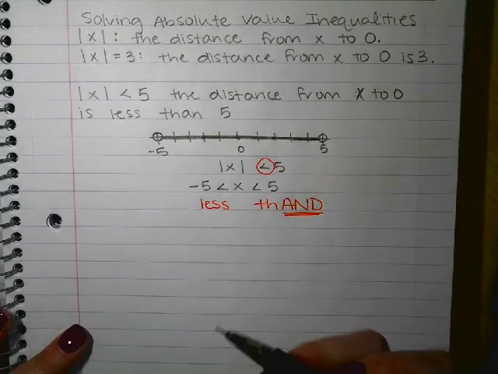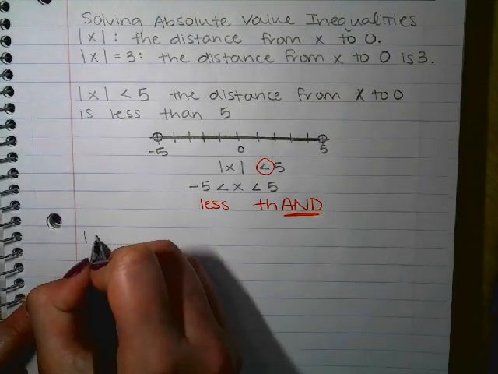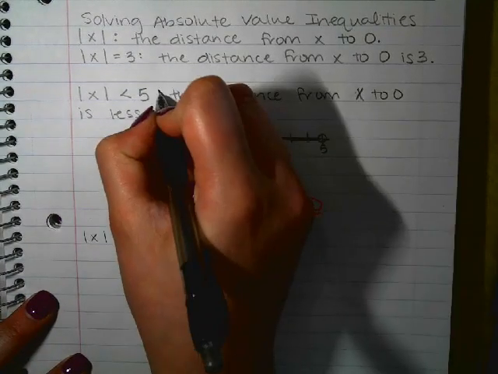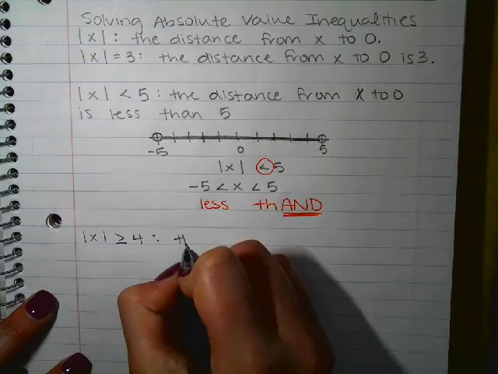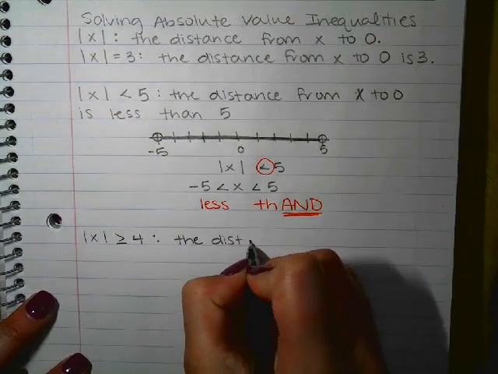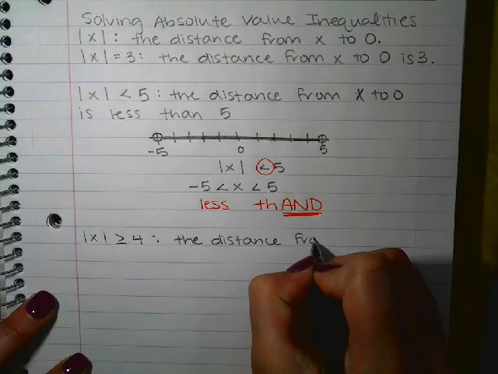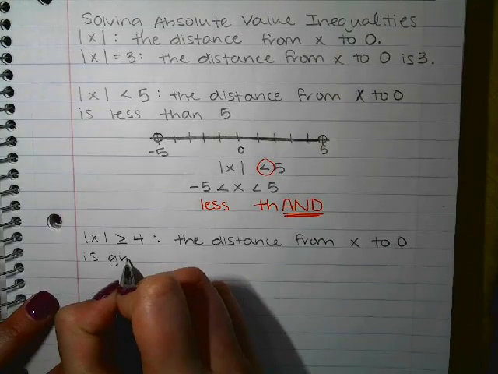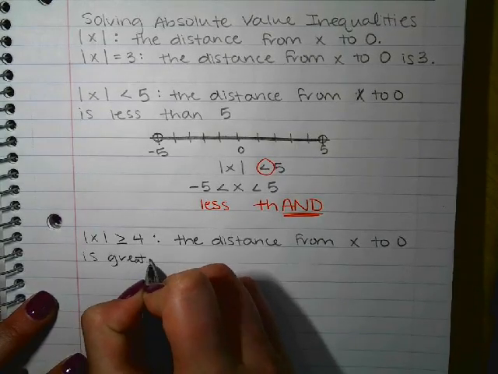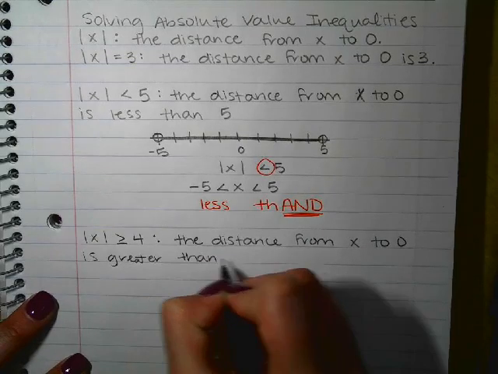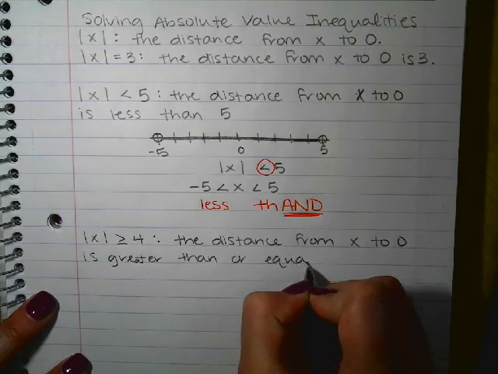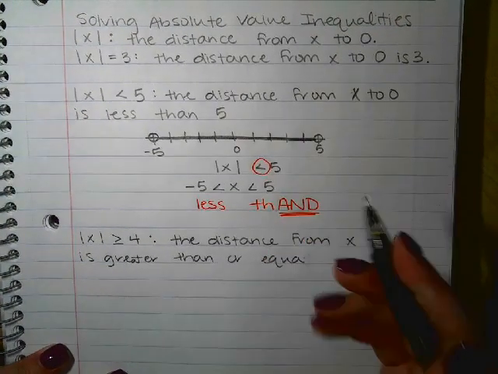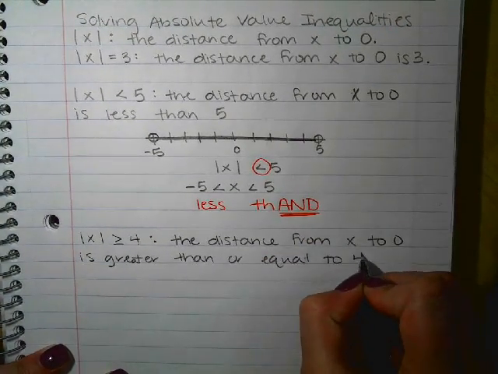The other situation is the absolute value of x is greater than or equal to 4, which means the distance from x to 0 is greater than or equal to 4.